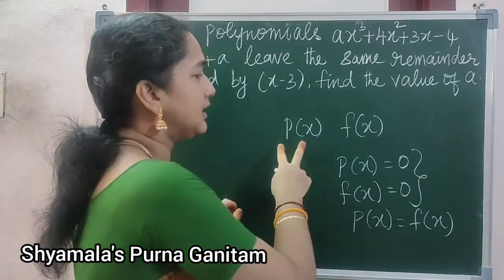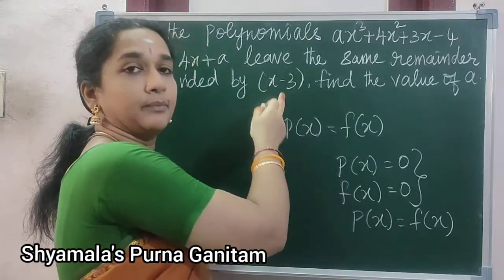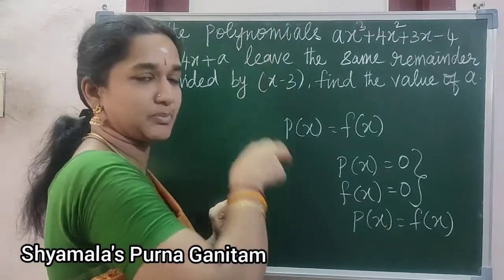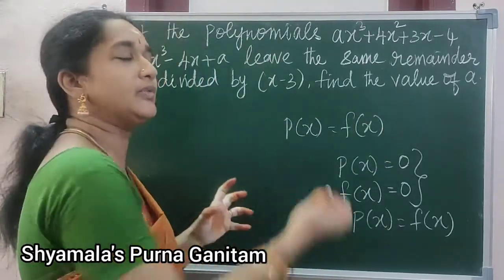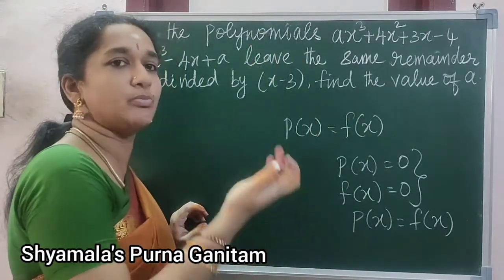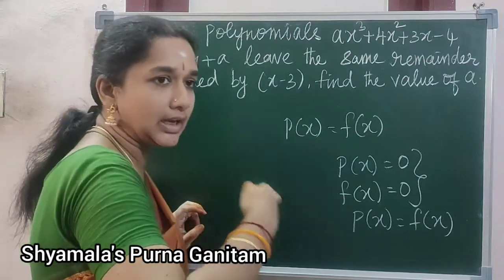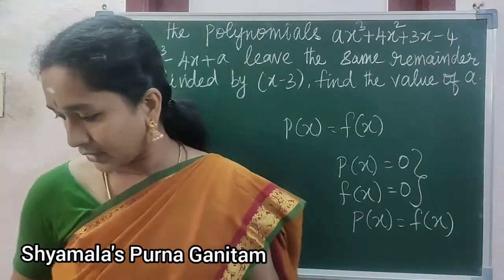Ultimately p of x is equal to f of x. So since it is divided by x minus 3, p of 3 is equal to f of 3. So we will substitute the values for x in both the polynomials as 3 and when we equate it, we will get the value for a. Very simple only. Okay.